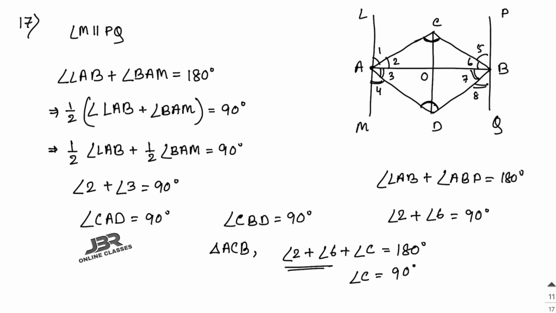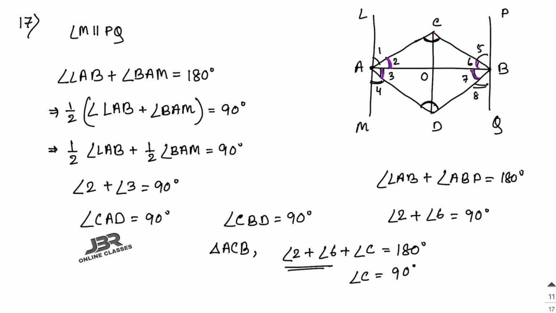That means opposite sides are equal only, not all sides. So here the triangle ABC, the upper one, and next the triangle ABD. First you have to prove that these two triangles are congruent with each other. So definitely angle 2 is equal to angle 7. Next angle 3 is equal to angle 6.